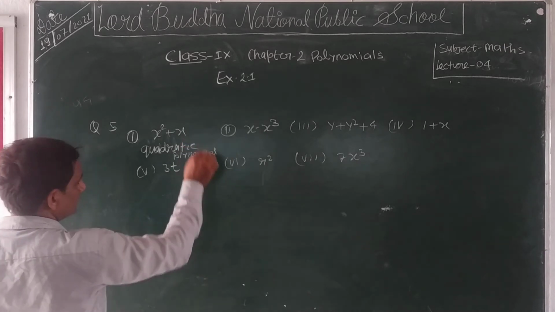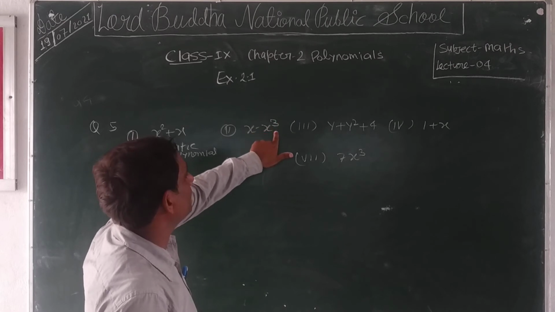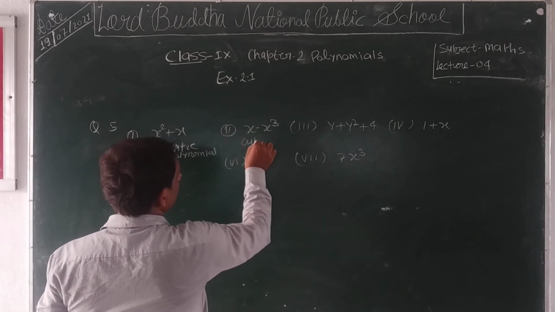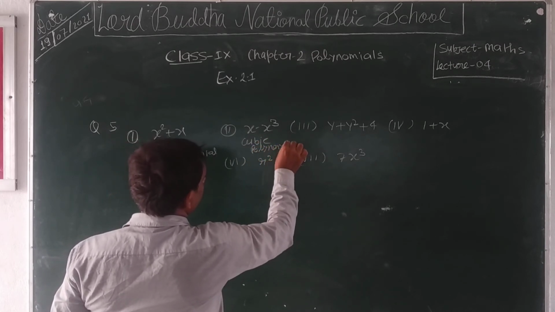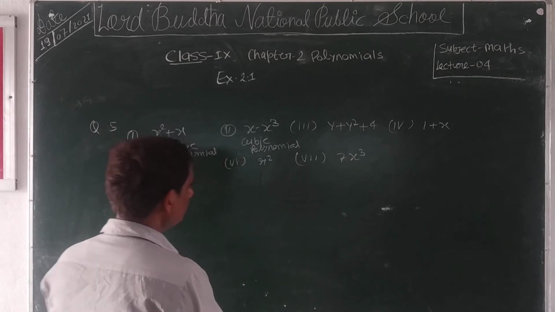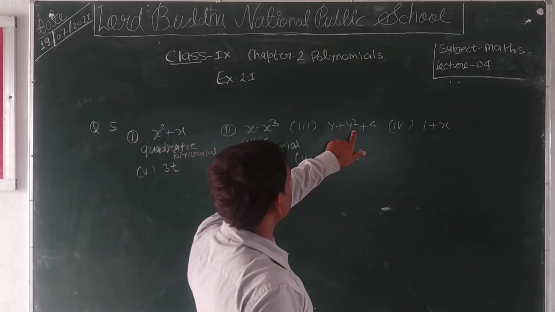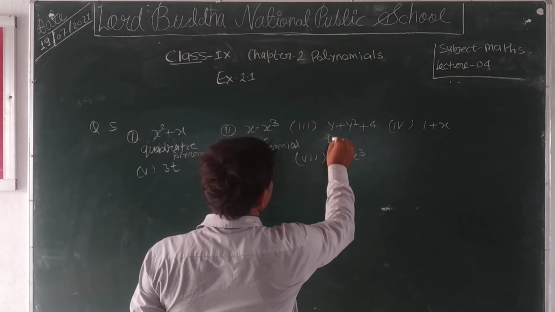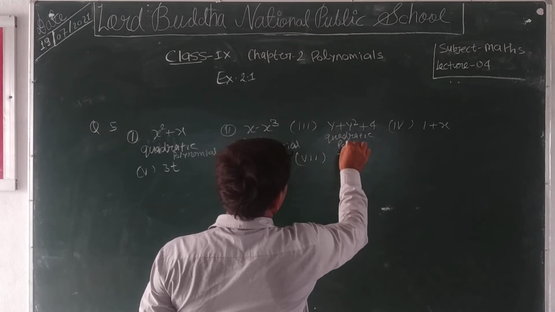Okay? Now here the highest power of the variable is 3, means degree 3, cubic polynomial. Okay? Now in this case the highest power of the variable is 2, quadratic polynomial.